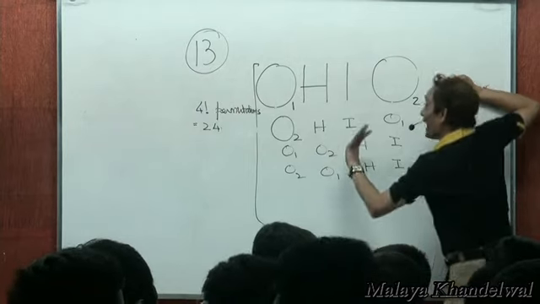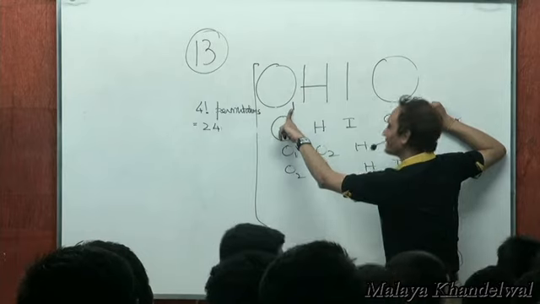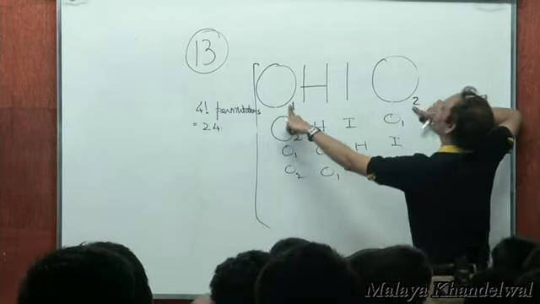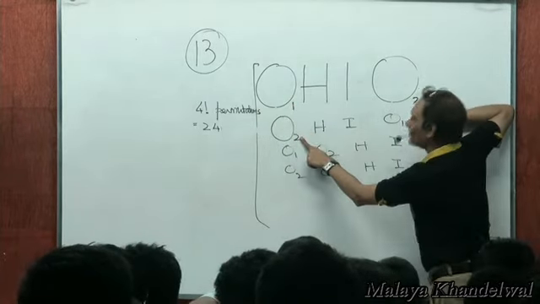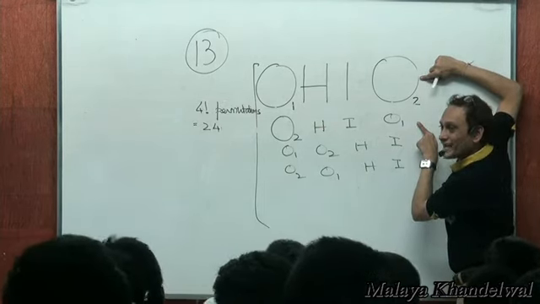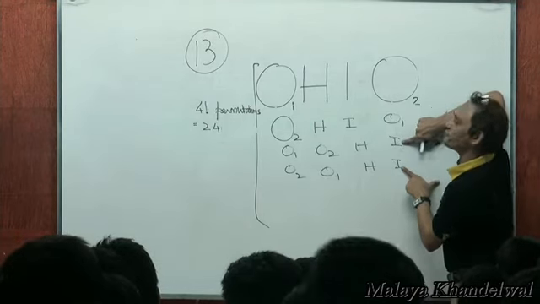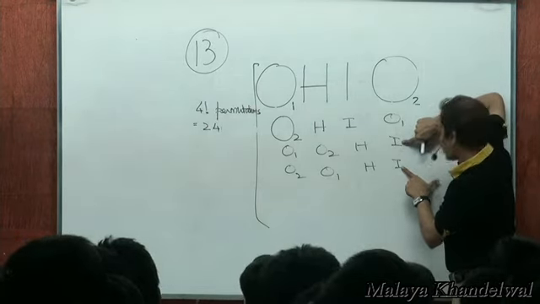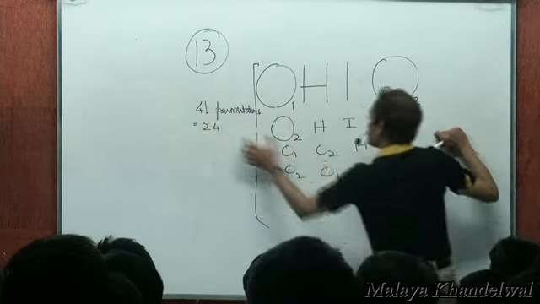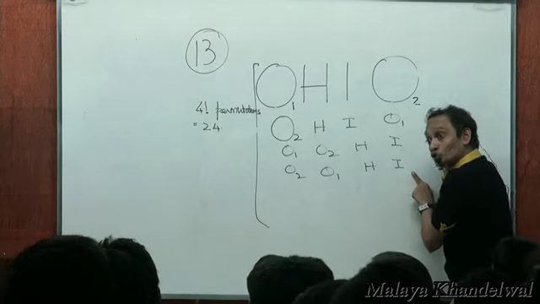Right? But now, think of O1 and O2 to be the same. If you think of O1 and O2 to be the same, then this is the same as this. So only one out of these two is relevant. Are these the same or different? Actually, they are the same. But in this 24 count, they are looked upon as different. But only 1 out of 2 should have been counted.